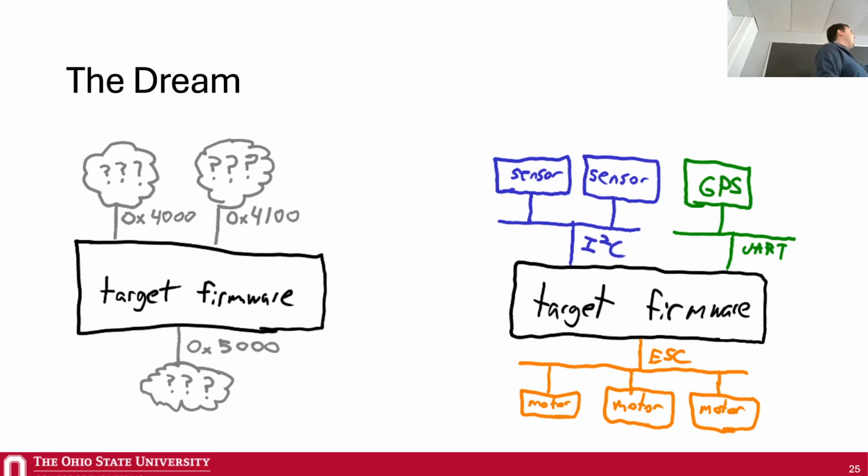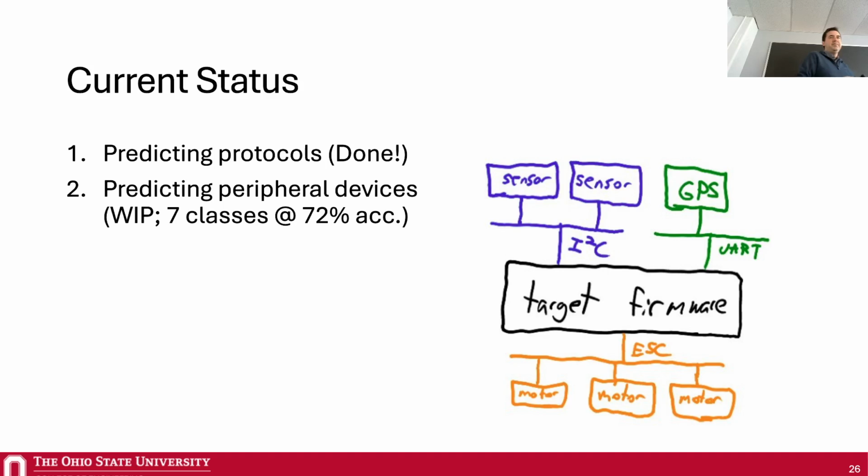So I2C connected to some sensors, UART connected to a GPS, electronic speed control connected to a series of motors. How do we automatically, through firmware analysis, get to the right side?